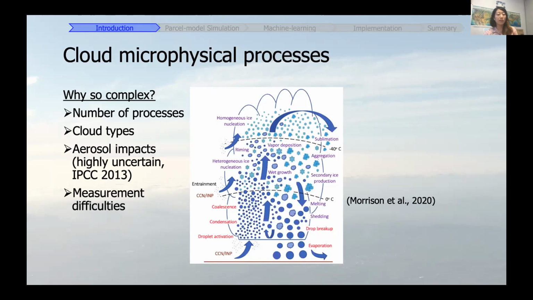So it is very difficult to actually deduce the process rates from observations. And we can do lab experiments, but sometimes these lab experiment results do not necessarily apply to the real atmosphere under certain conditions. So those are some factors that make cloud microphysical processes and their modeling very difficult.